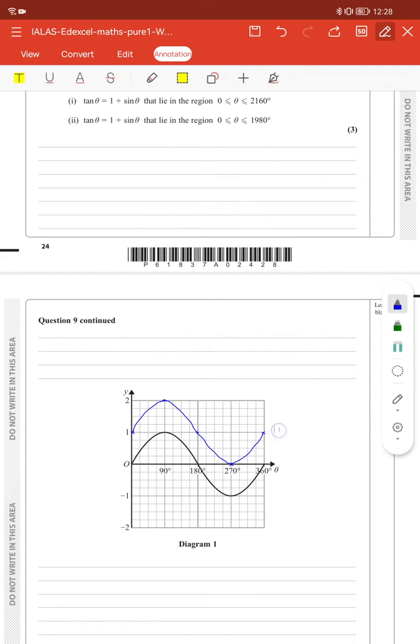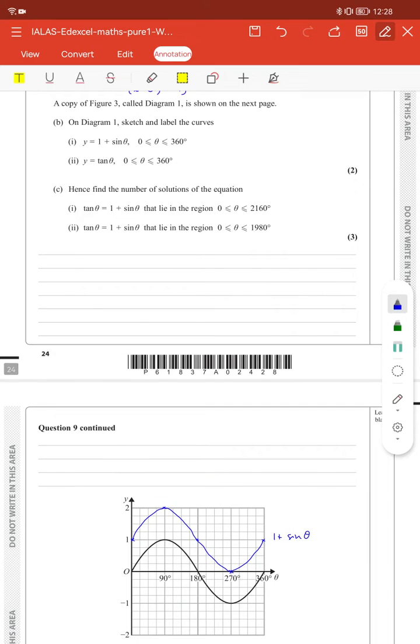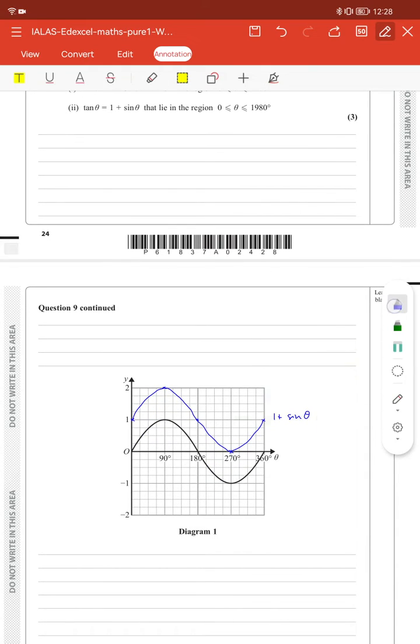So this is the 1 plus sine theta. And it wants you to also draw y equals tan theta. So remember with tan theta, we're going to start here. It's going to shoot up, go through that point, and go back again.